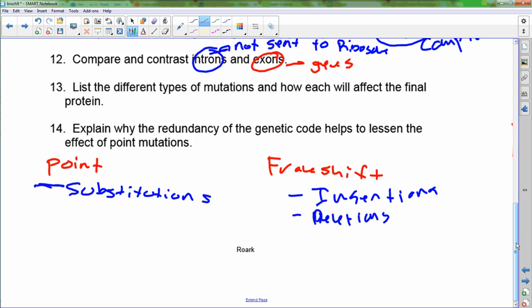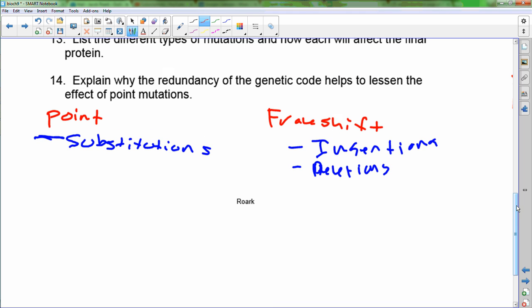Point mutations are going to be the substitutions. There's a couple different kinds. Silent ones, remember, don't actually change the amino acid sequence. It changes the code, but because of that whole redundancy thing, we're talking about number 14 right now too, some amino acids can be coded by lots of different codes, so it doesn't actually change anything.